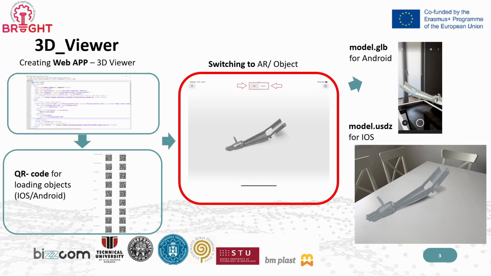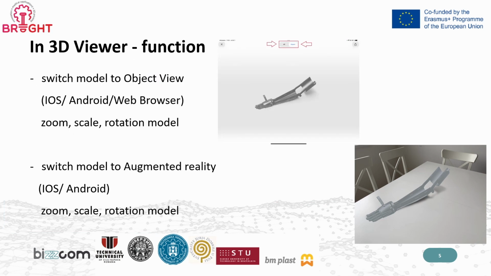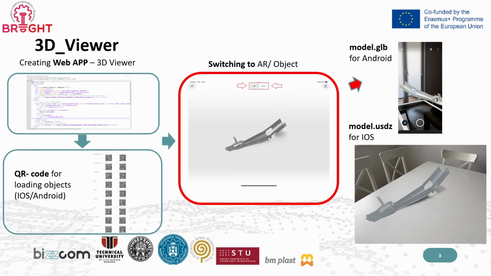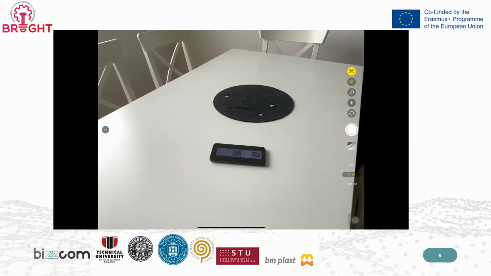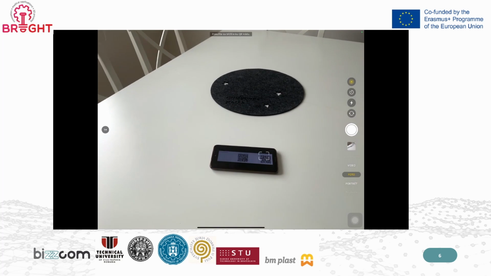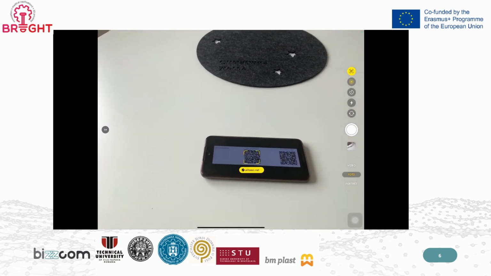We can select either AR, we have functions such as zoom, scale, rotation. If we switch to model GLB, this is a preview once the QR code is scanned.